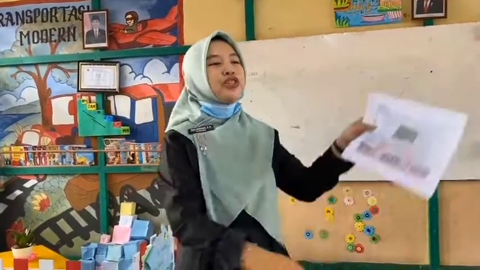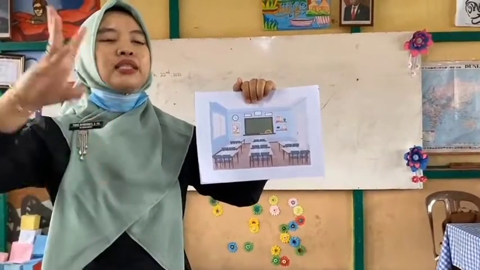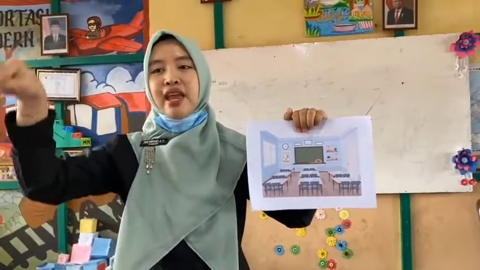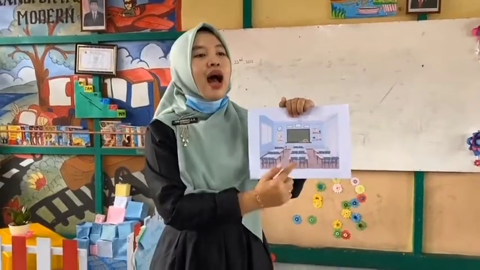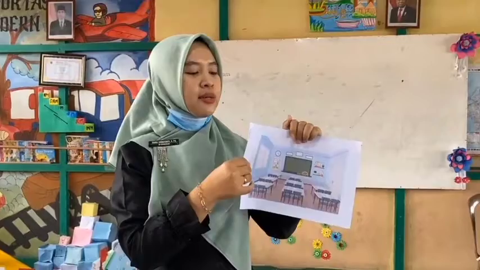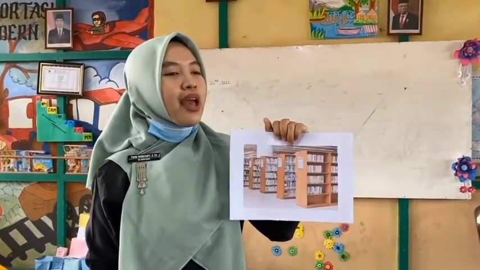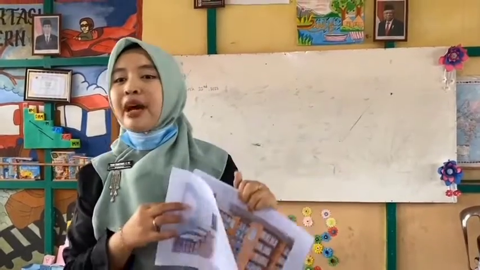Now, if I show the picture to you, you have to replace the adverb of place at the end of the sentence. For example, where are you going? I am going to the classroom. Then another example: I am going to the library. You got my point?